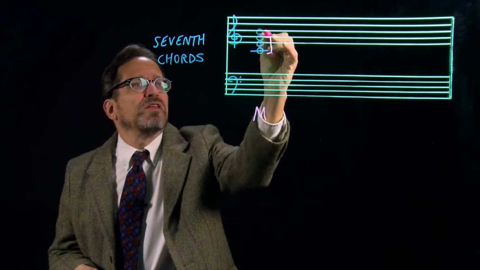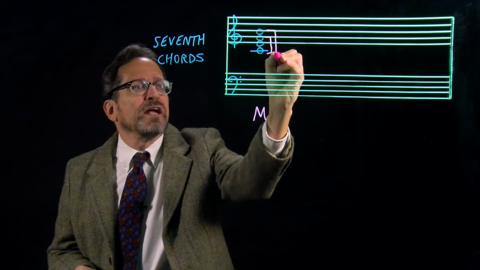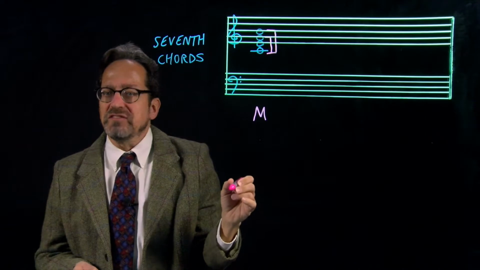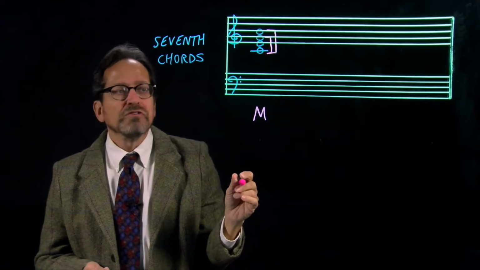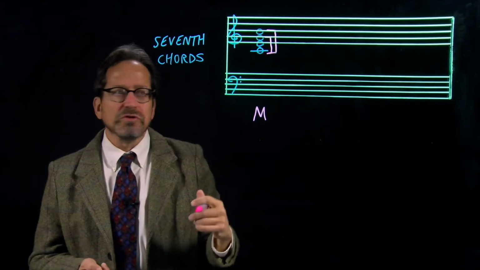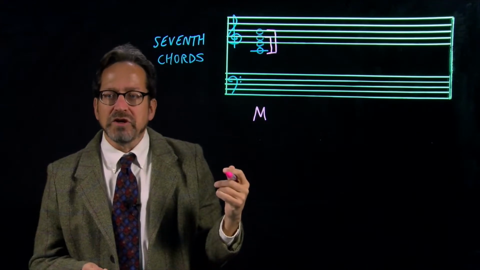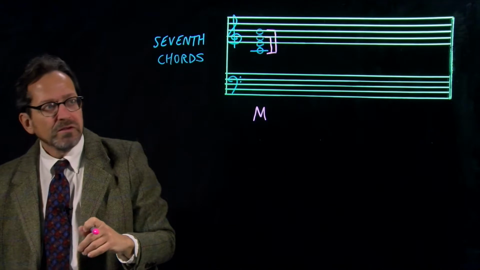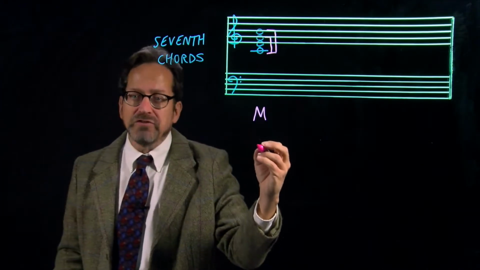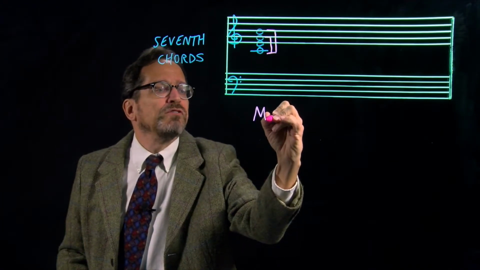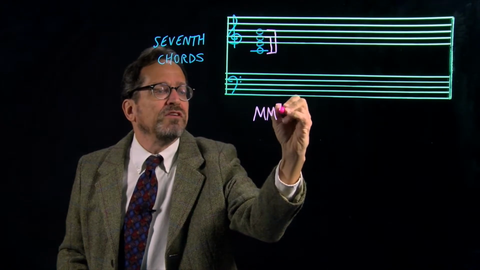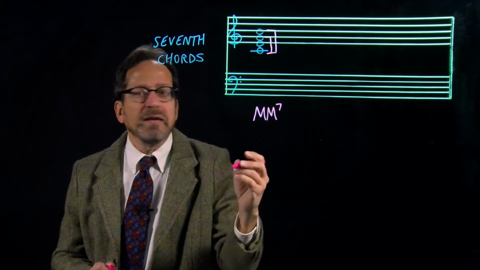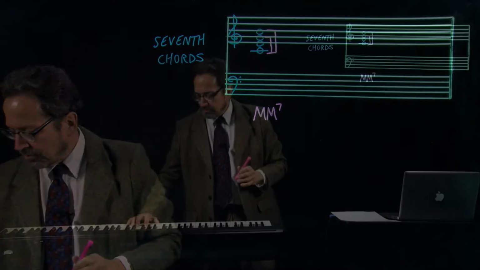The second part of the label has to do with the quality of the seventh above the root. So if we look at the interval from the root to the seventh, in this case going from C to B, we have a major seventh. So putting this together, this is an example of a major, major seventh chord.